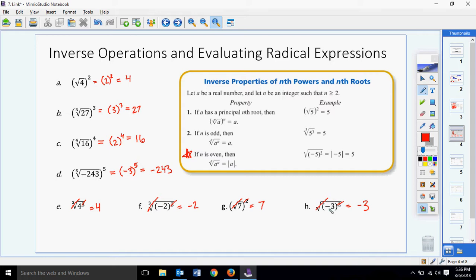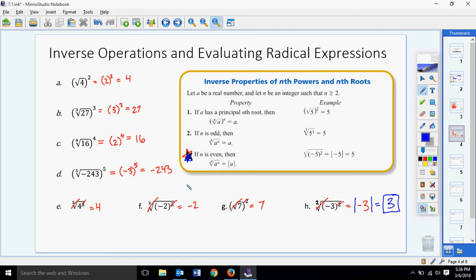Well, H does. I have an even index, right? It's a square root. When the 2 is not written, that means it's a square, and an even power, just like in this example here. So it says I need to take the absolute value of my radicand. So my radicand is negative 3. I need to take the absolute value of it, and my answer is 3.